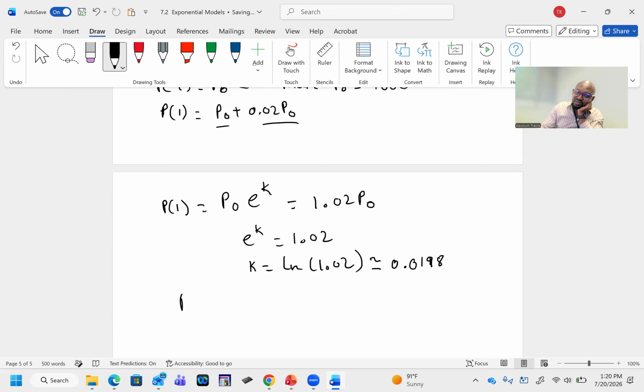Therefore, my P(t) would be 7,000 e to the power of 0.0198 t for t greater than or equal to 0.